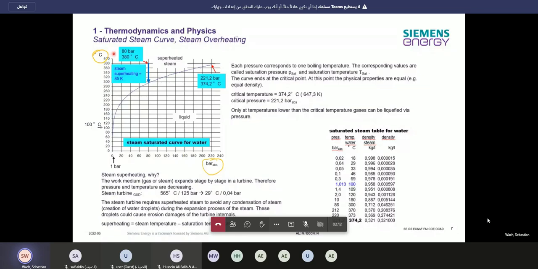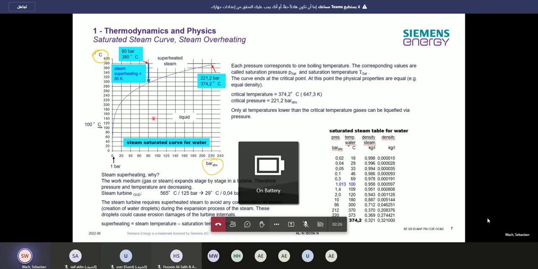And when we go from this point on top straight down until we touch the saturated curve for water, then we know for 80 bar, we are at 295 degrees Celsius.